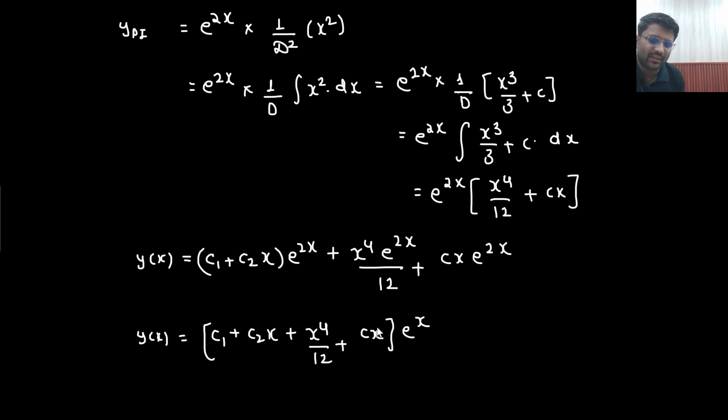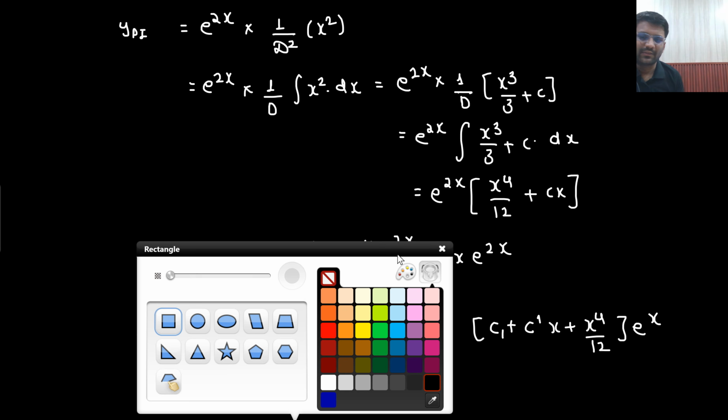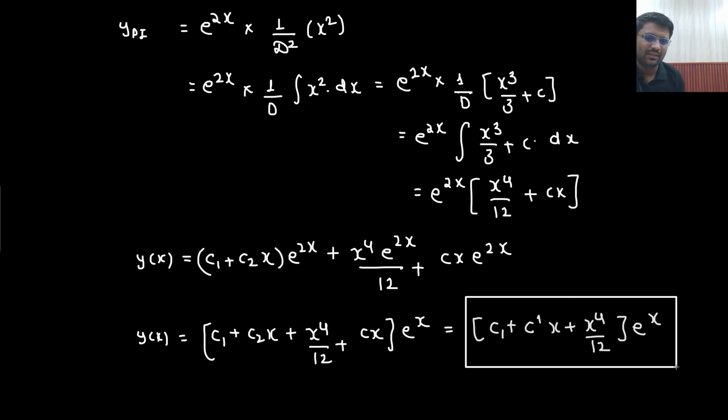What answer will you be getting? It will be constant multiplied with x only. So c1 plus some new constant, let's call it c dash: c1 plus c dash x plus x to the power 4 by 12, e to the power 2x. There you go. This is the answer that we have. Understandable? This is the final answer that we are getting.